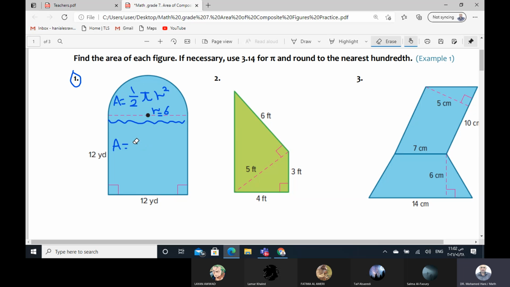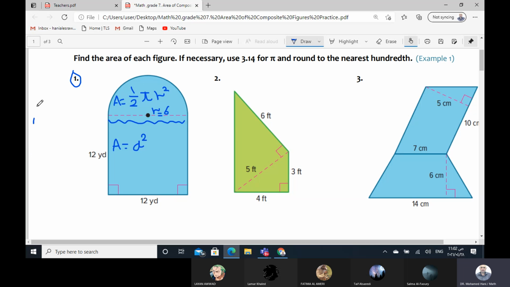This is square. What is the area of the square? A squared. So now we can calculate. We want to find the area of the figure.